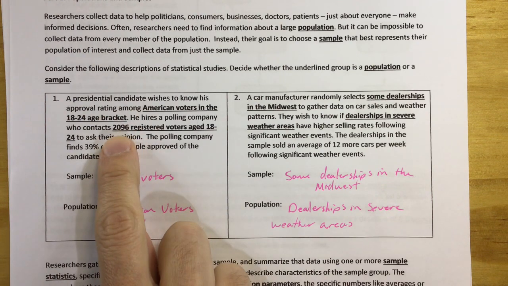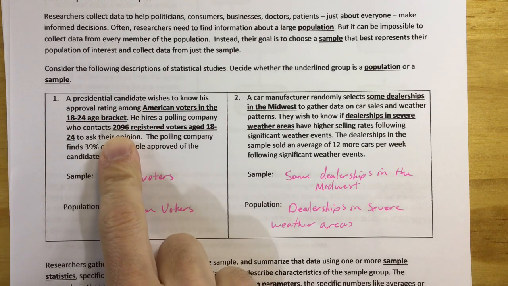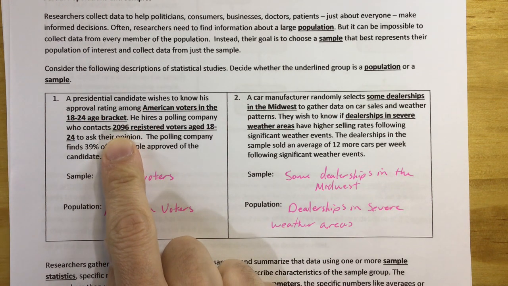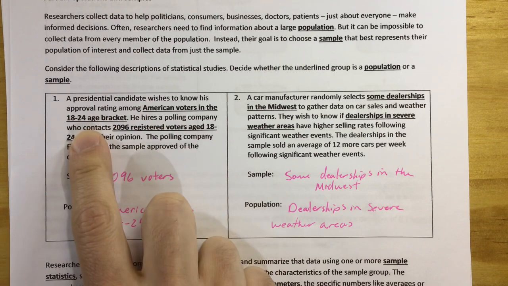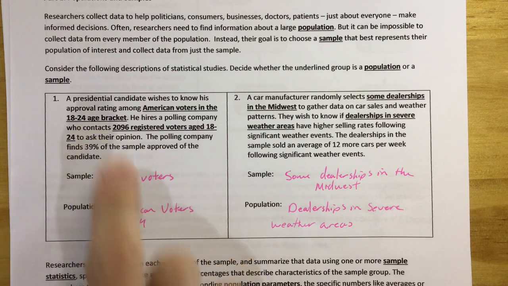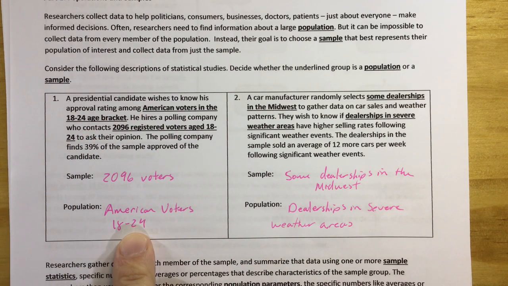Now, 2,096 is a good number of people, I think, to get some information out of this, but it does not come close to being every single voter in that bracket. So the population is the American voters from 18 to 24, whatever number that actually would be. The sample is going to be those 2,096 voters that they actually contact.